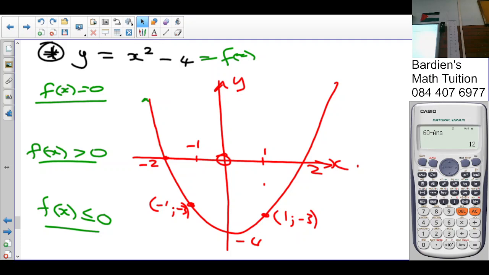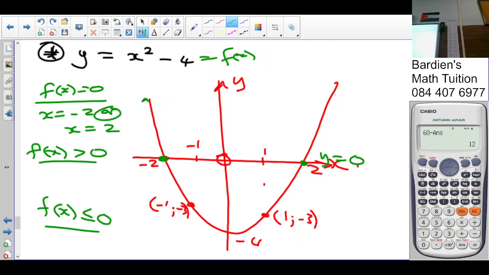Right. So is f of x equal to 0? It means to say it lies on this line. This means where f of x is equal to 0, so x is equal to negative 2 or x equal to 2. Where is f of x greater than 0?